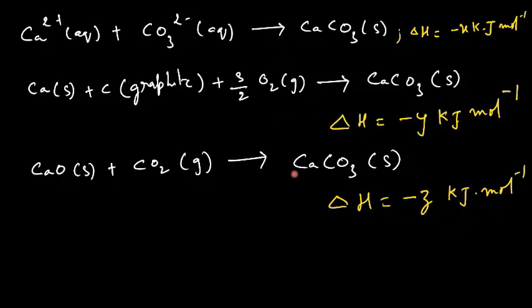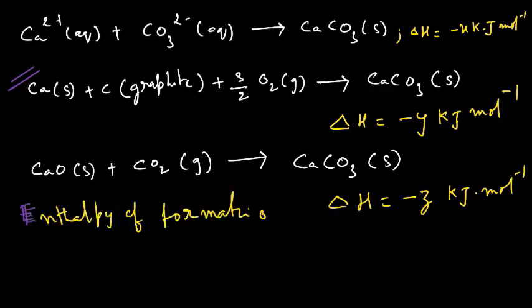In all these three reactions, calcium carbonate, that is limestone, is formed. But out of these three, only in the second equation is the compound formed from its constituent elements. Therefore, the enthalpy change involved in the second reaction is referred to as enthalpy of formation.